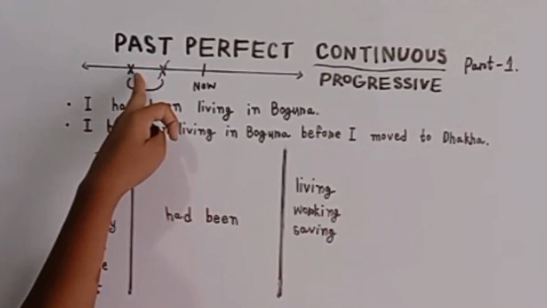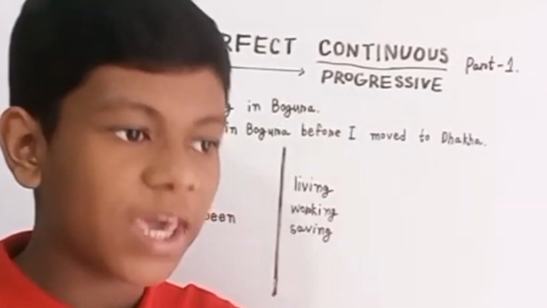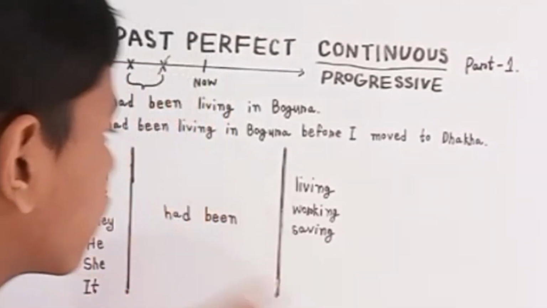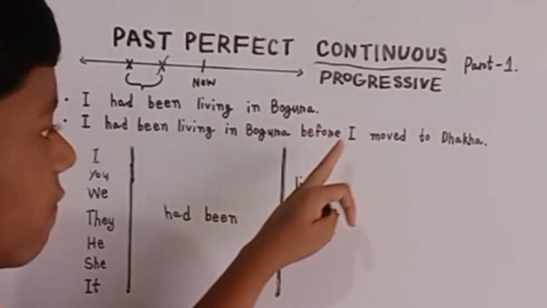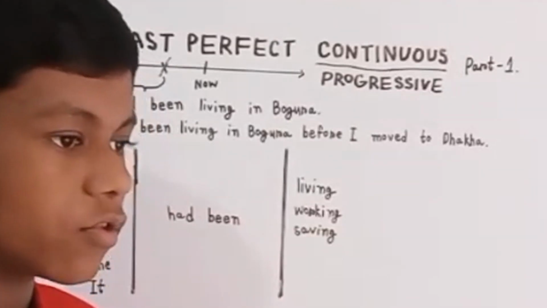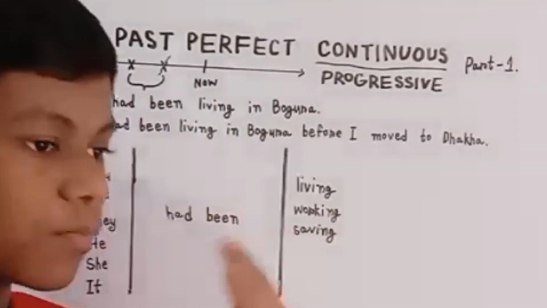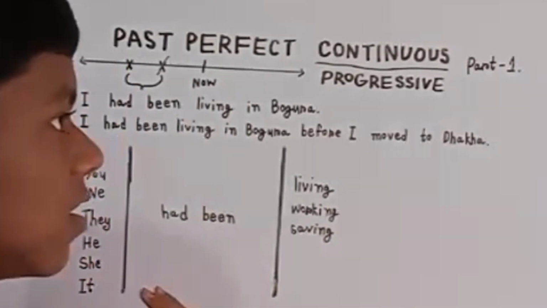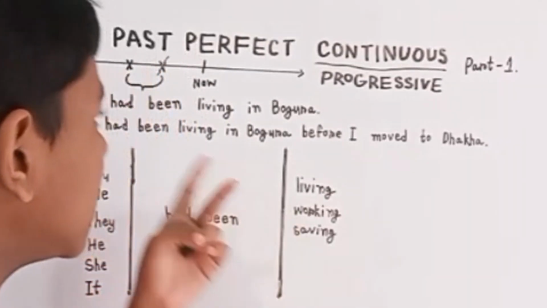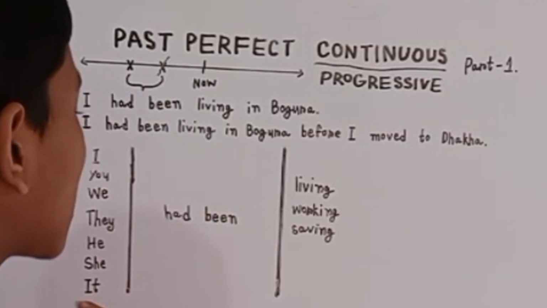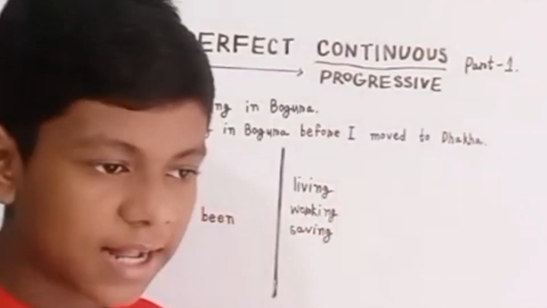This x, we had been living in Bogura, indicates a continued action. Before moving to Dhaka, my living place was Bogura, where I lived. We can transform it into the past perfect continuous tense: I had been living in Bogura before I moved to Dhaka.